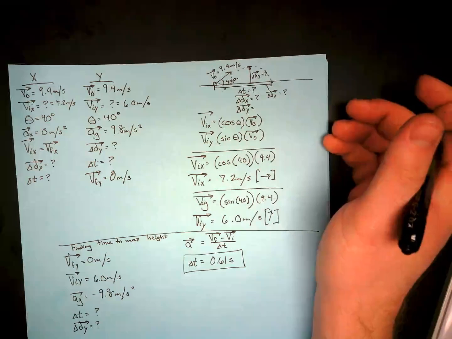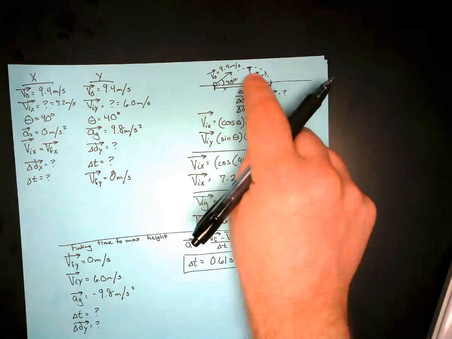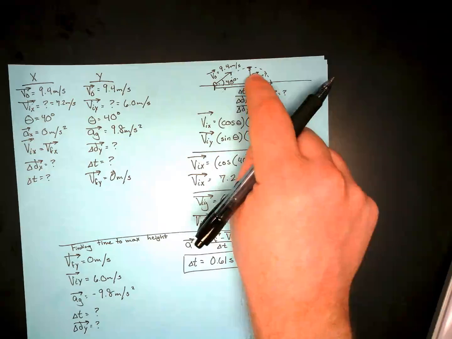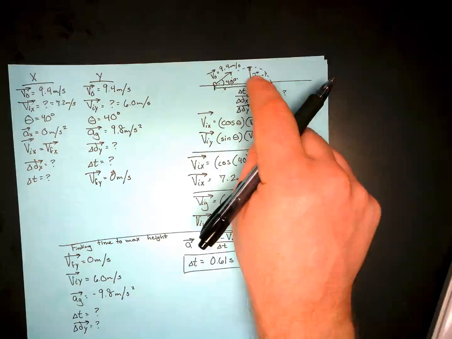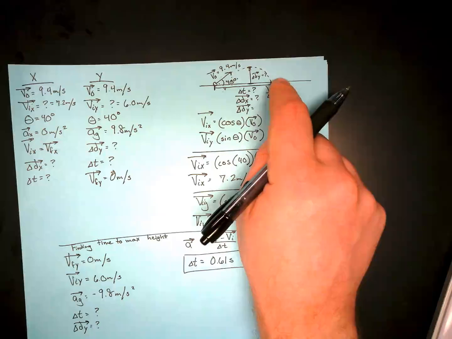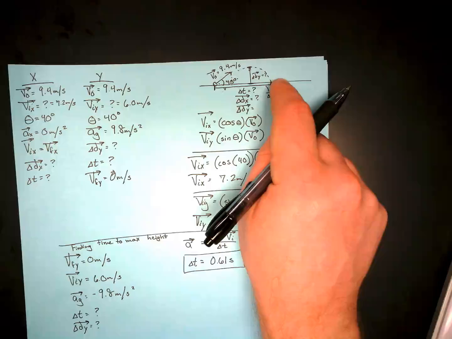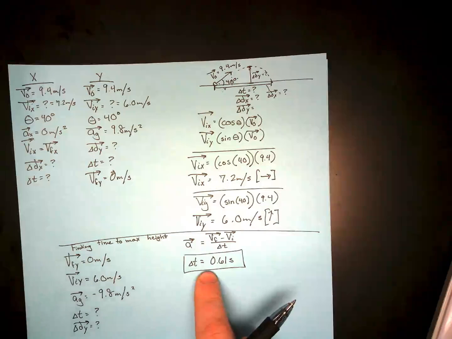Why? Because as soon as it leaves your foot and leaves the ground, gravity is affecting it exactly the same way from the moment you begin to the moment it ends.